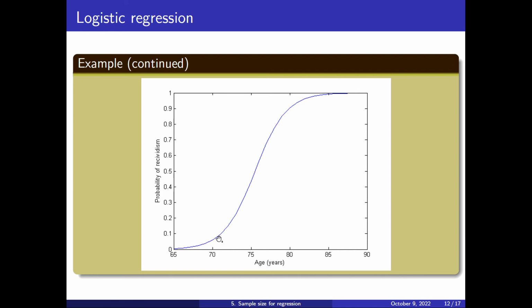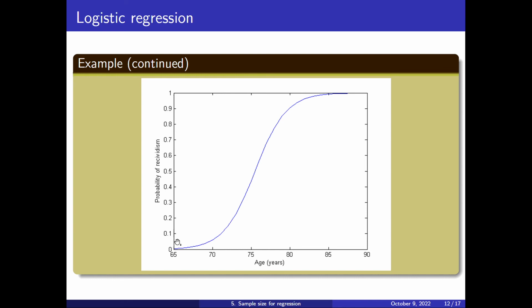So at 70 years old it is 6%, and then at 74 here we want to have a statistical power of 90% if it goes beyond 10. So here is well beyond 10.